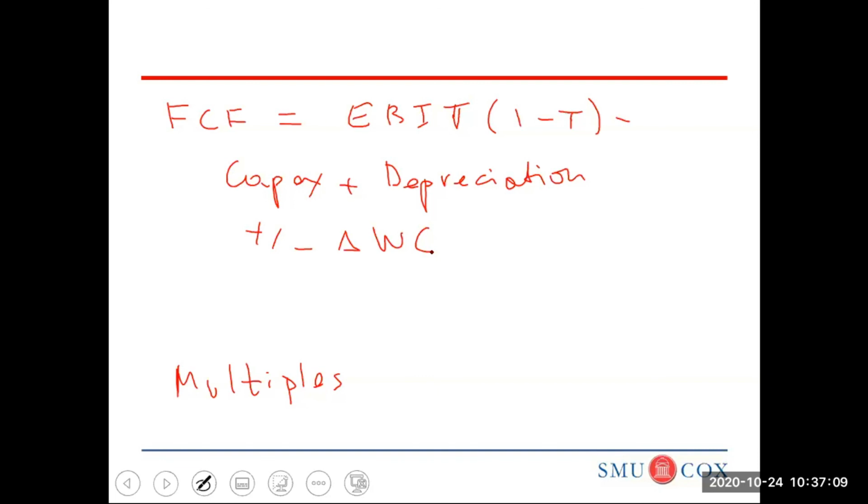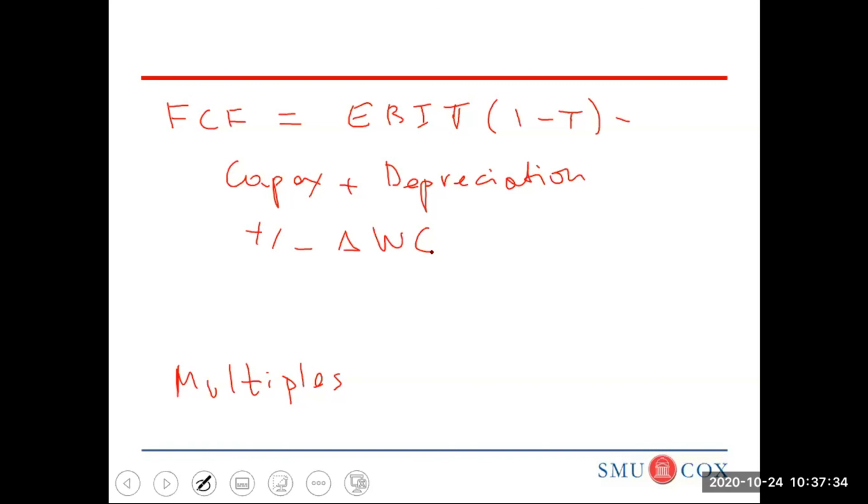And then the next component here is CapEx. Where would you find CapEx? In the cash flow statement. Good. Yeah, cash flow statement. Usually it's a negative number. Cash outflows are negative, so you take it as negative.